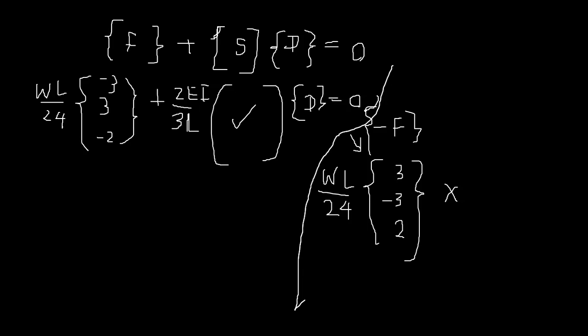Okay, right. So you can take this the other way. So that's going to be WL. Since this is a constant, you can cross multiply.